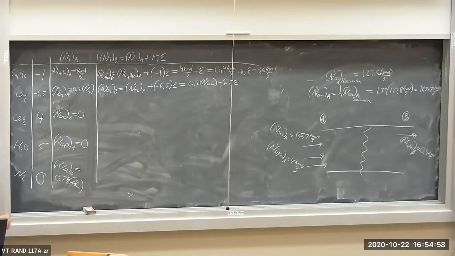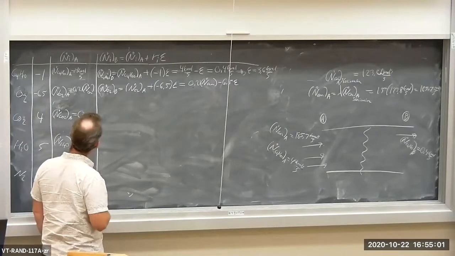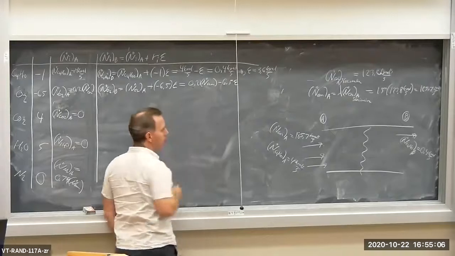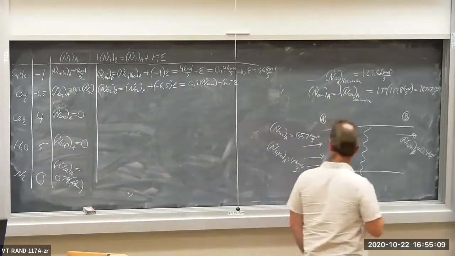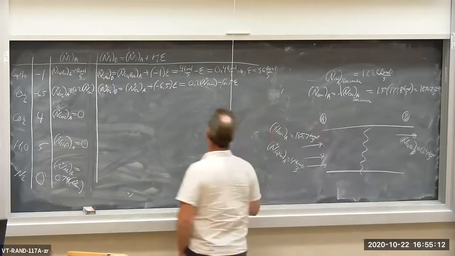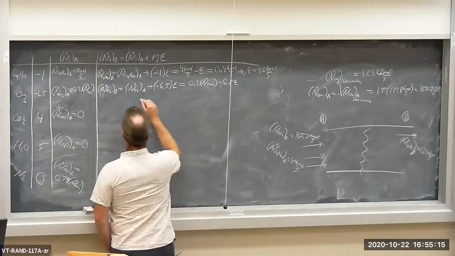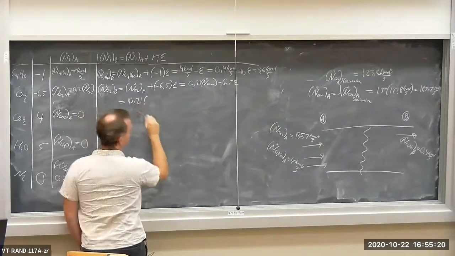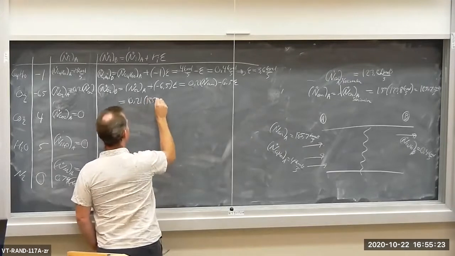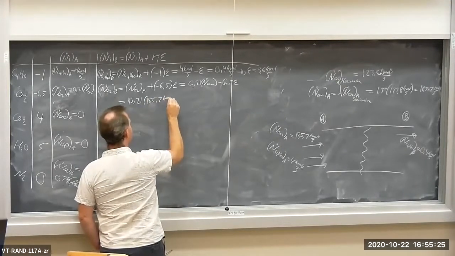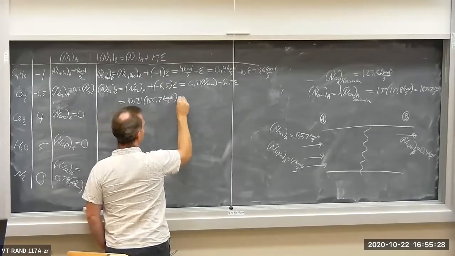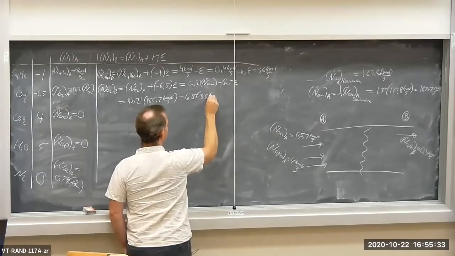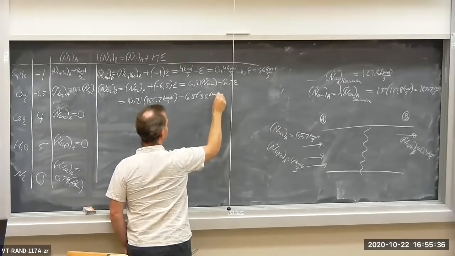Now the mole flow rate for oxygen: we have the airflow rate for the inlet, that is 185.7. So this is equal to 0.21 times 185.7 kilomoles per second minus 6.5 times the reaction coordinate, 3.6 kilomoles per second.